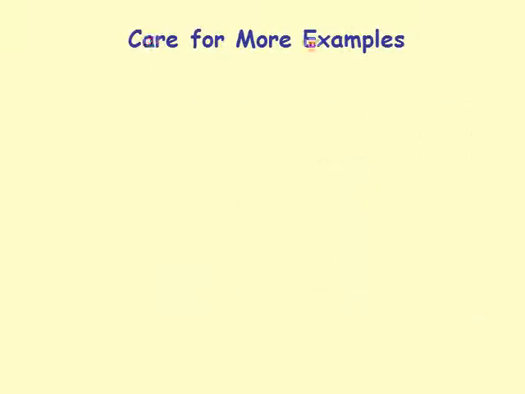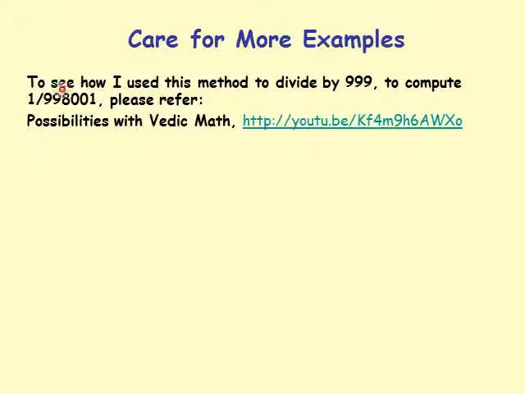Do you care for some more examples? To see how I use this method to divide by 999 to compute 1 over 998001, please refer to this video here, Possibilities with Vedic Math, and this is my link to that video. Let's continue here.